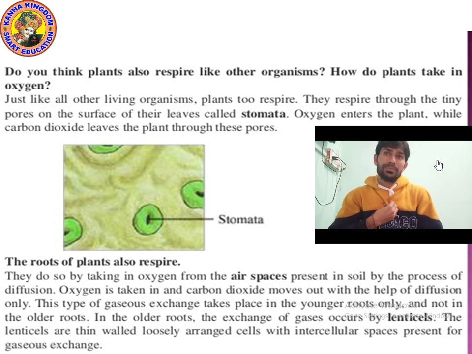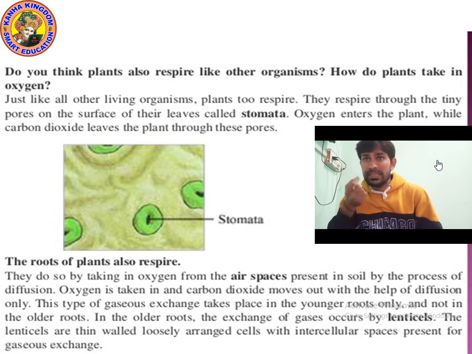Well, just like the other organisms, plants also respire. You know, cockroach respires through spiracles. The same way, plants also respire through the tiny pores which are present on the surface of the leaves. These pores are known as stomata, as you can see in the picture, the green color stomata.